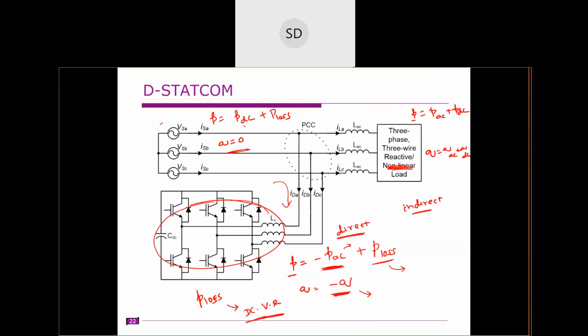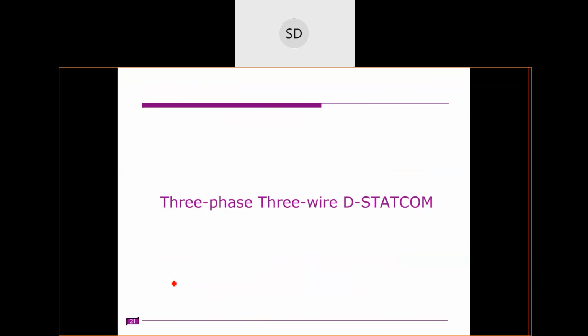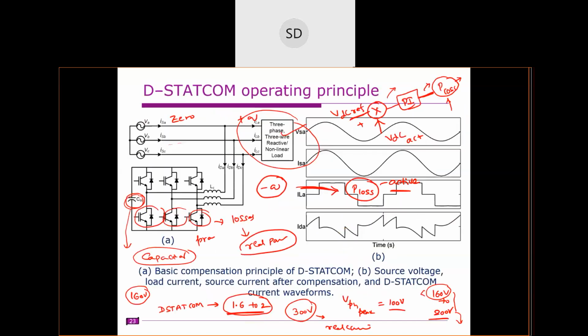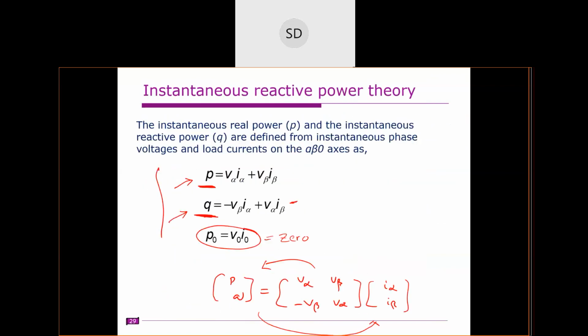Okay. So we already discussed the currents that must be generated by this STATCOM. This is in a matrix form, right? We kept this matrix form, right? Okay, so this is current I alpha, I beta. Now we are calculating the current for the STATCOM or DSTATCOM.